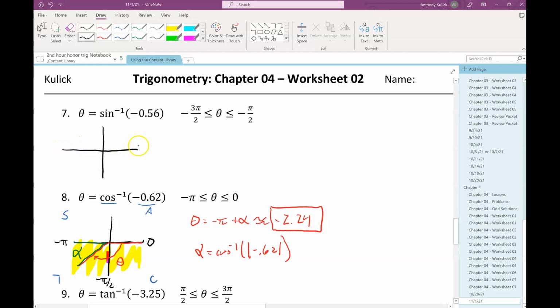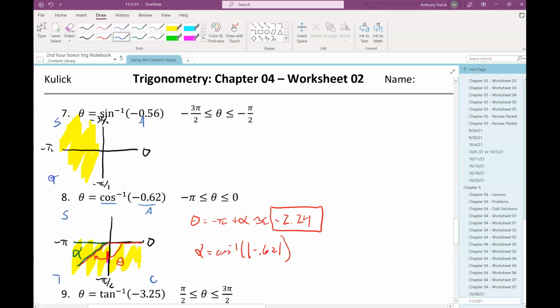So again, going around clockwise, so 0, negative pi over 2, negative pi, negative 3 pi over 2. So we're looking at quadrants 2 and 3. Good with that? Okay.